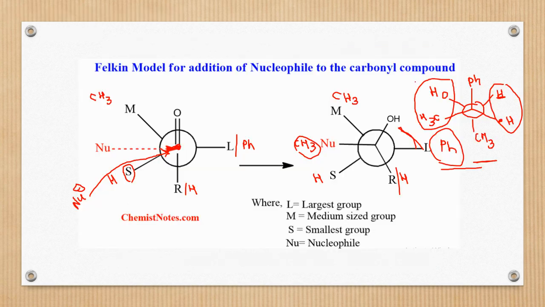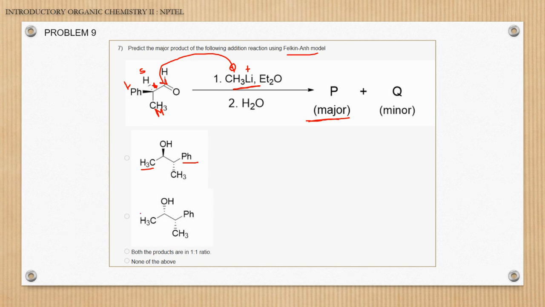But in option number B, hydroxyl and methyl are syn to each other, and hydrogens are also syn to each other. Either way, you can write it both alpha, both beta, but you have to arrive at the stereochemistry. You just need to see the stereochemistry of OH and methyl. They should be the same. So in option A it is different, in option B it is the same.